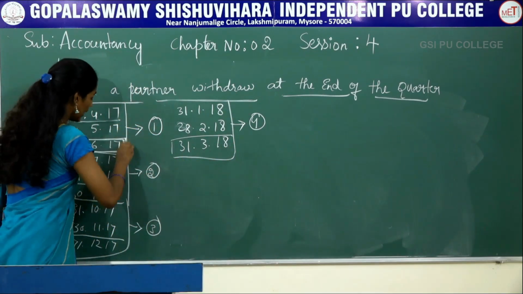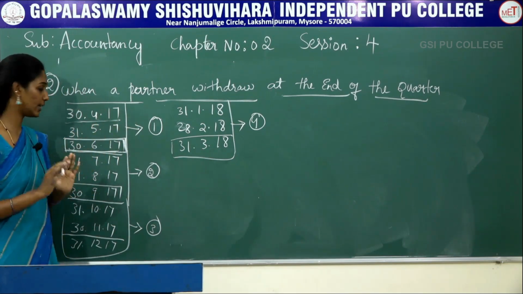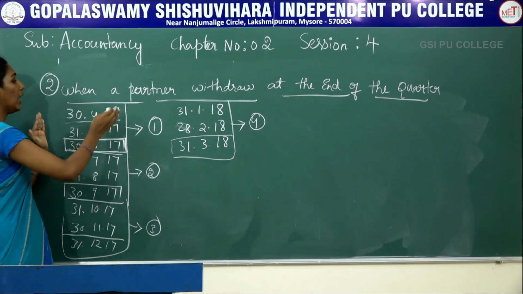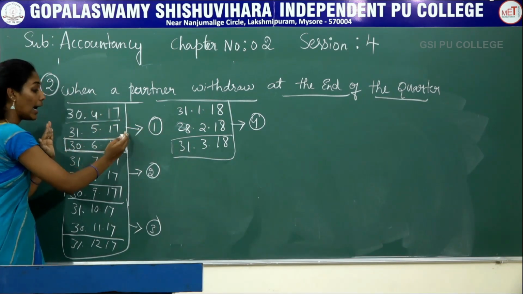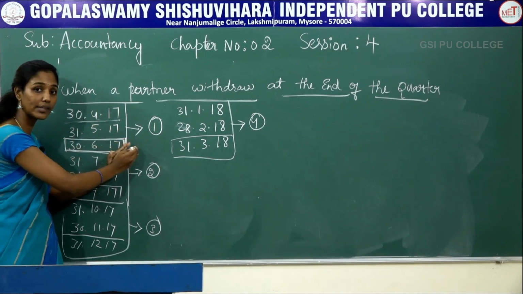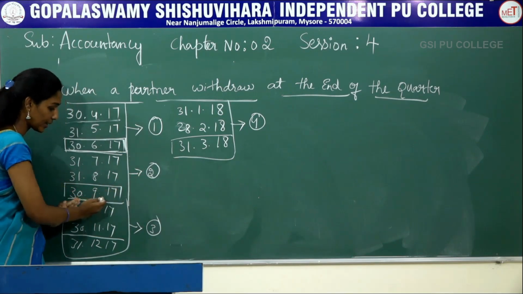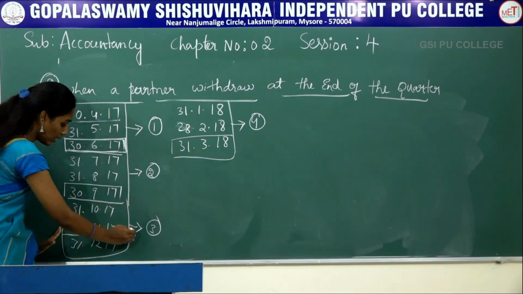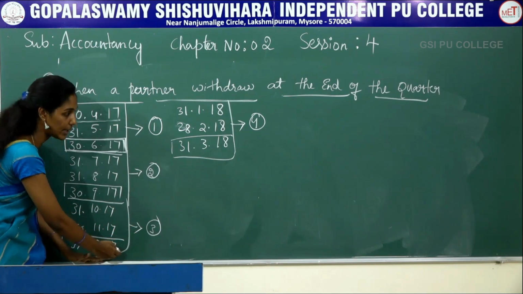First you should know when he withdrew. At the end of the quarter, in the sense you have to consider in the first quarter the last month, that is nothing but 30th/6/2017, and in the second quarter you should take 30th/9/2017. In the third quarter you should consider 31st/12/2017.